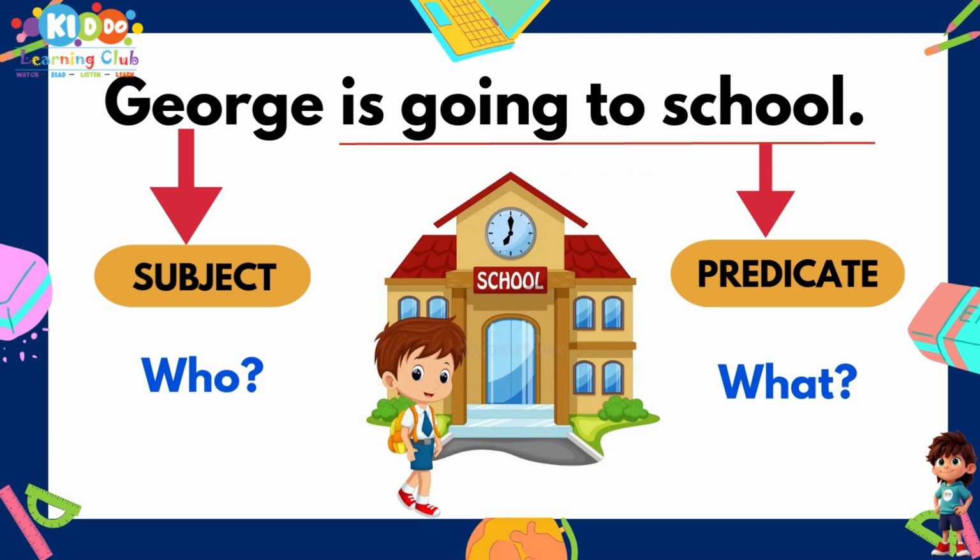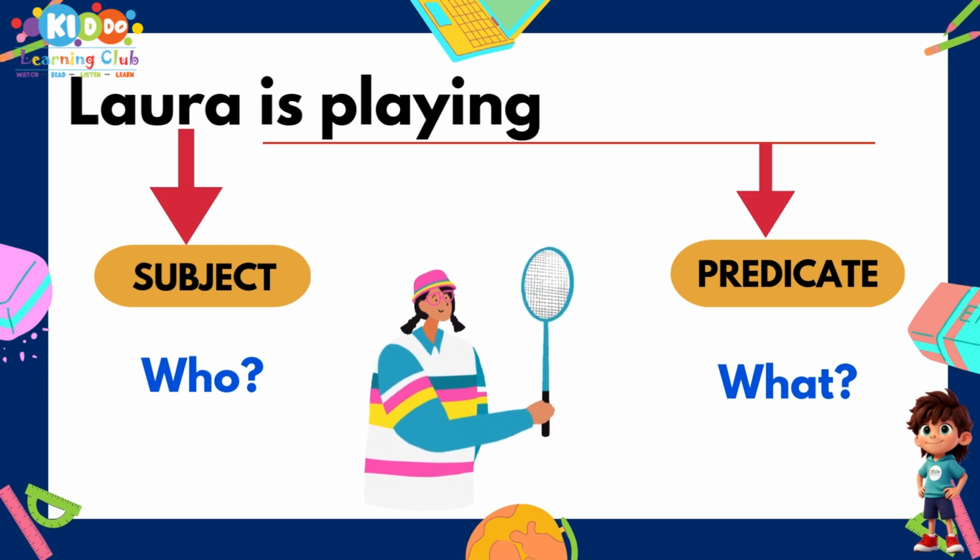If we ask who is doing this action, then the answer we get is always the subject. Whereas the rest of the sentence, that describes the action done by George, is always the predicate. A predicate always gives the information about the action done by the subject. If we ask what is George doing, the answer we get is always the predicate.